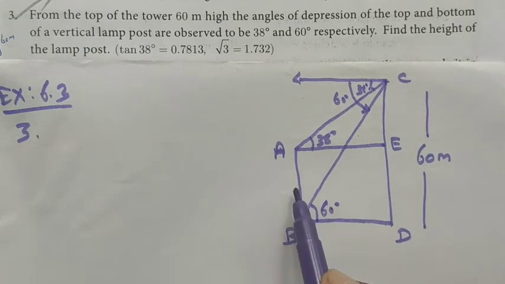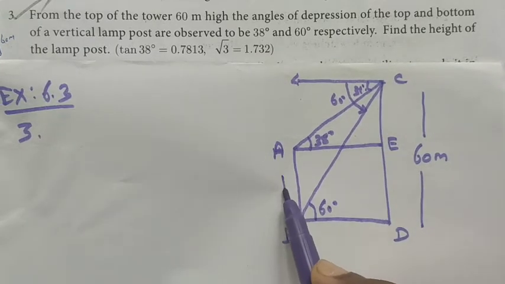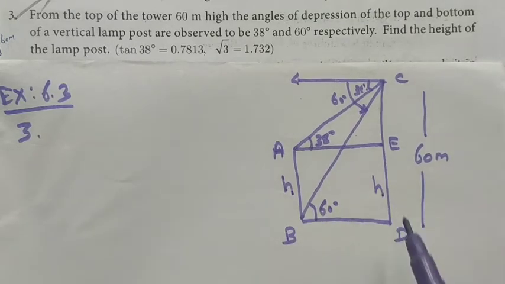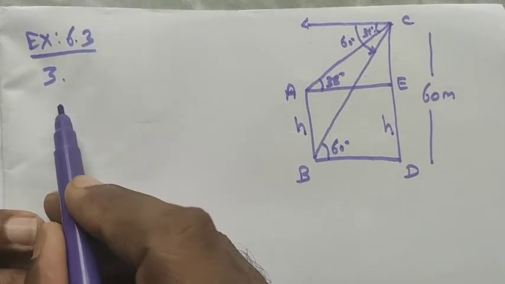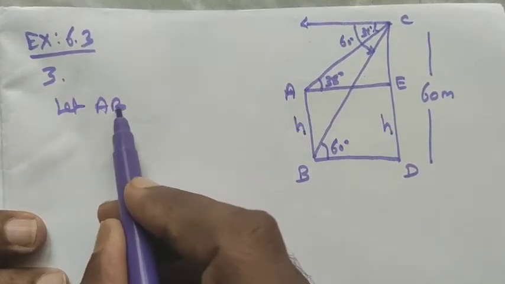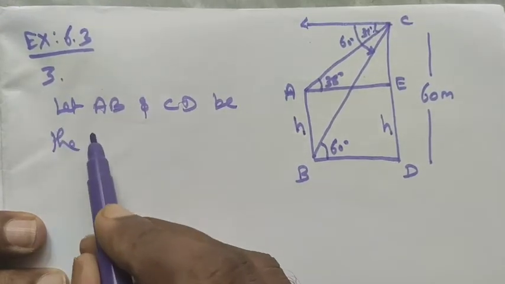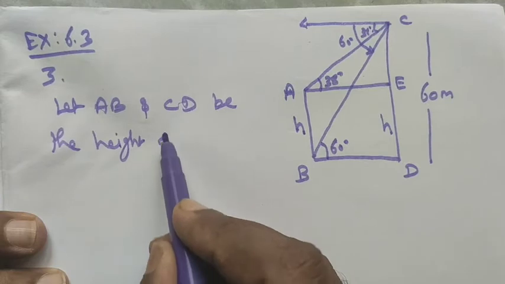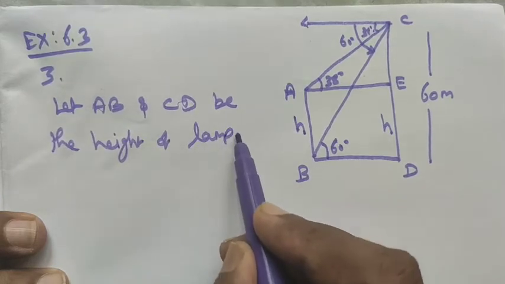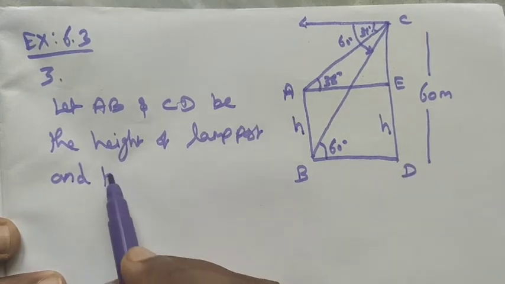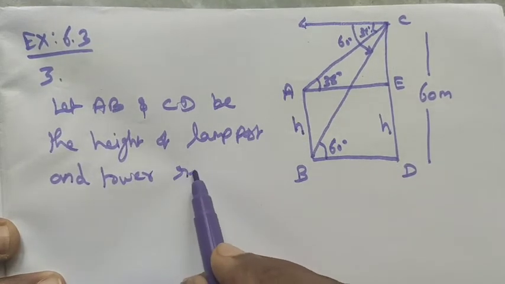Now we want to find the height of the lamp post. Let AB be H. AB is equal to H means ED is also H. Let AB and CD be the height of the lamp post and tower respectively.